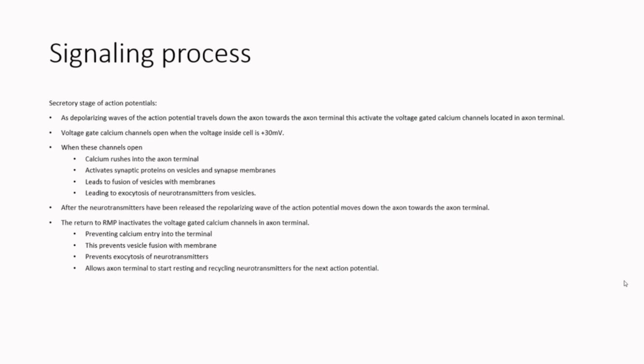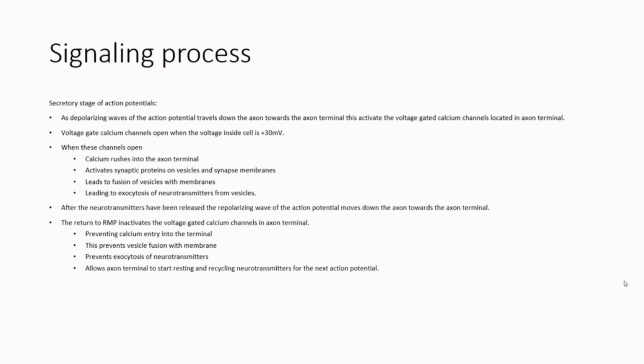It's usually when the voltage is around plus 30 millivolt. When calcium rushes into the axon terminal, as we have mentioned before, it will facilitate a fusion between the vesicles and the synapse membranes. This fusion will lead to neurotransmitter release through a process we call exocytosis.